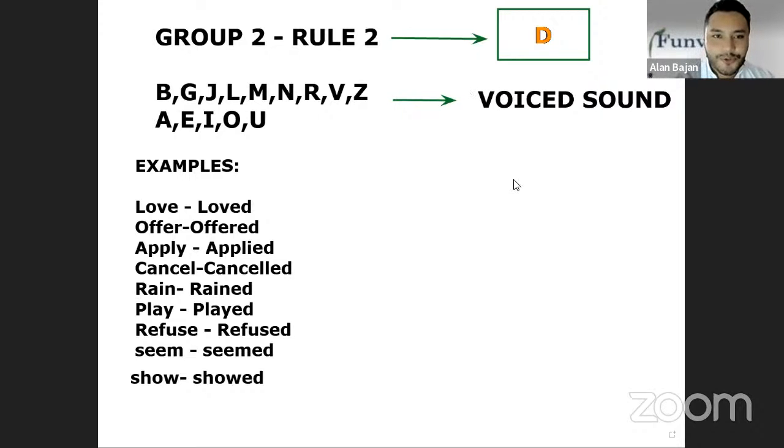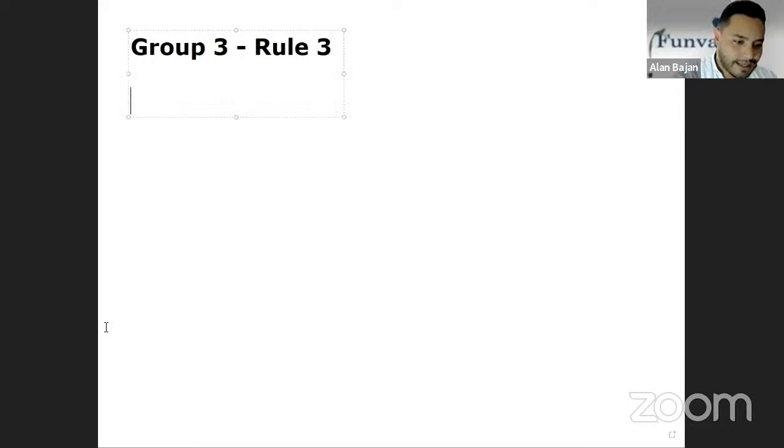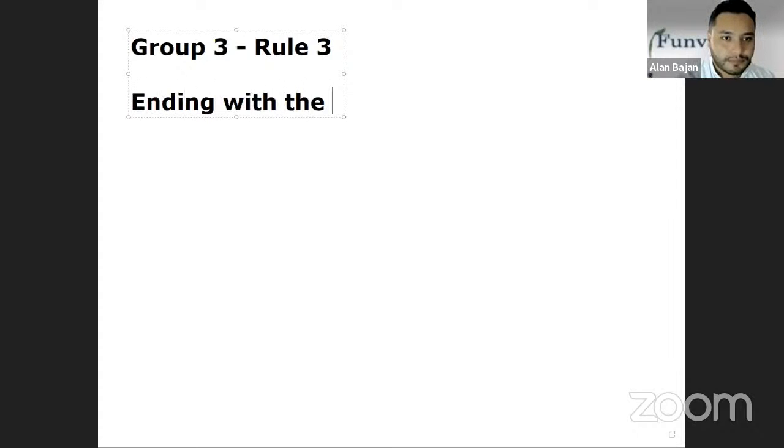The last group, class, here is group number 3. Group 3 or rule number 3. Here I have the verbs ending with the sound of T or D in infinitive form.